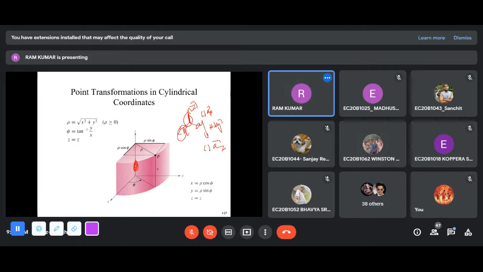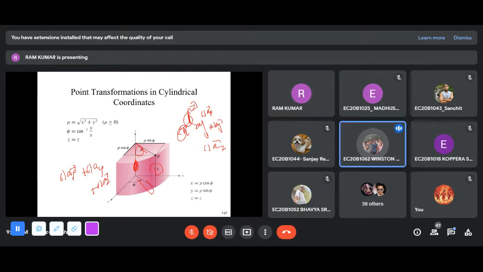Due to that, you may have some component along the rho parameter, some component along the phi component, and some value along the z direction. To indicate that, we use this value or magnitude present along a_rho. This is actually the rho component. Similarly, we have another value present along the a_phi component, and the z component.